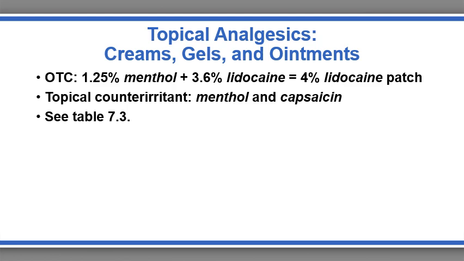So for instance, Salonpas uses menthol and methyl salicylate. It's a transdermal patch. It's also available in gels and creams. Tiger Balm is a classic counter irritant, and that has capsaicin in it. So be familiar with those different ingredients and understanding how those different things get classified.